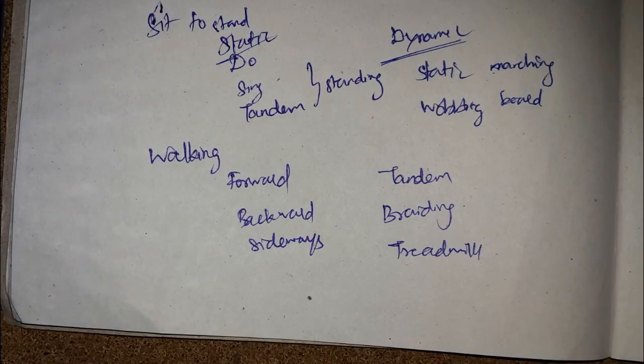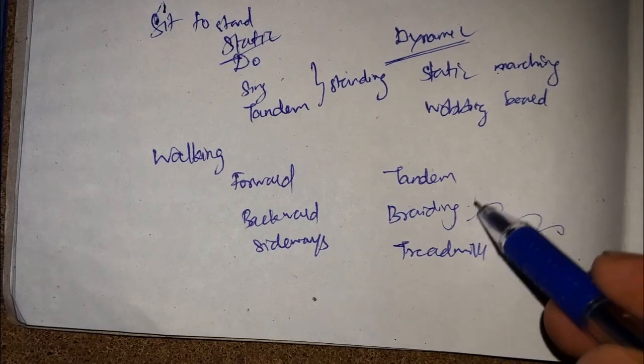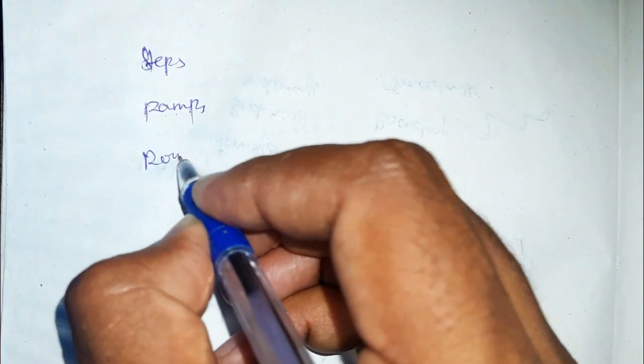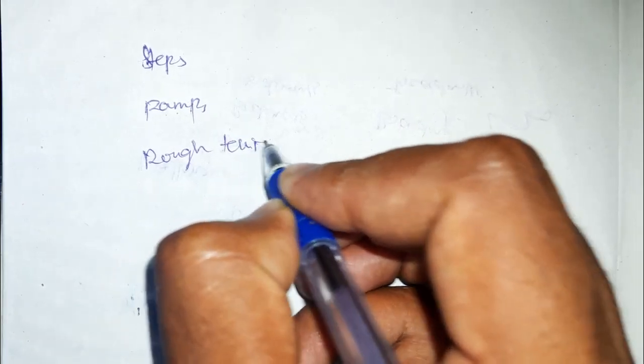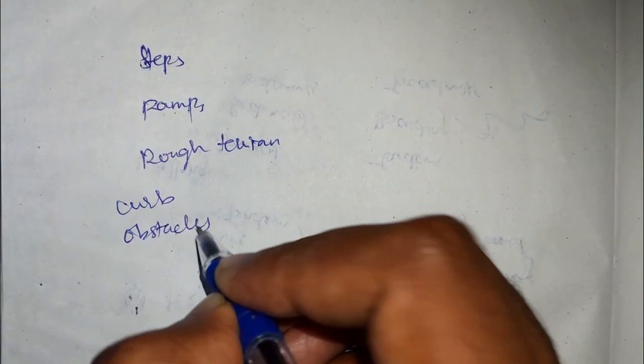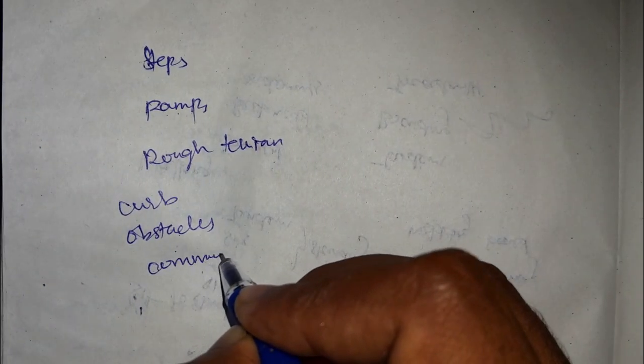What is bridging? Bridging means a zigzag like structure, so we have to walk in a zigzag manner. Then steps, ramp walking, rough terrain walking, then curb, then we introduce obstacles, then community ambulation.